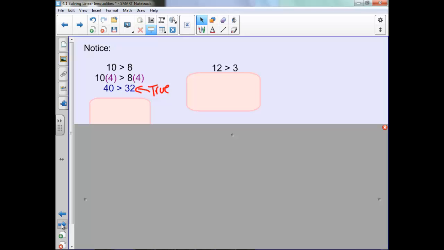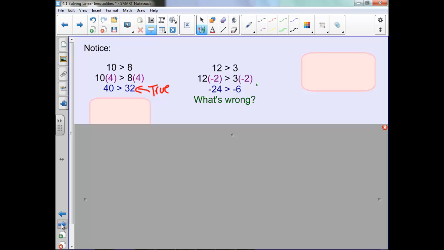Alright, once again, starting with the true statement, 12 is greater than 3. This time we're going to multiply by a negative number, in this case negative 2. Negative 24 is greater than negative 6. Notice that's not true anymore, because negative 6 is greater than negative 24.